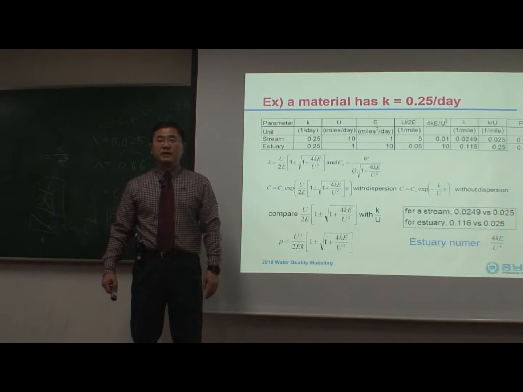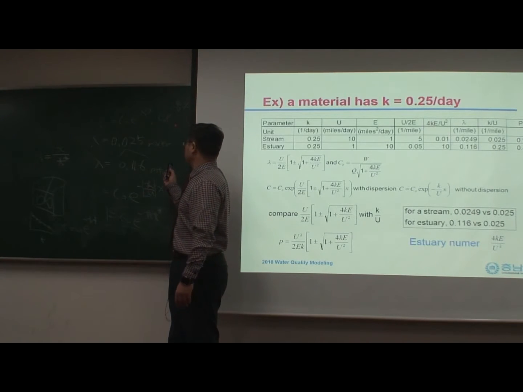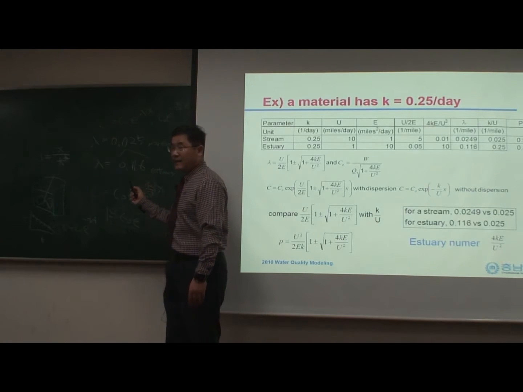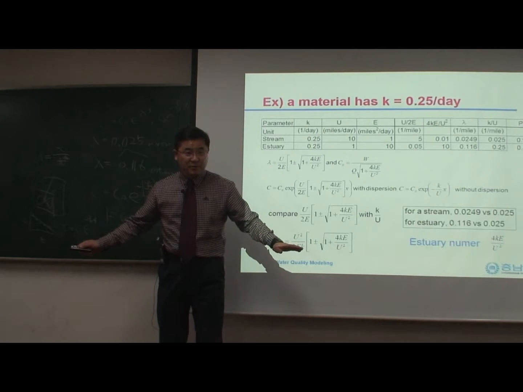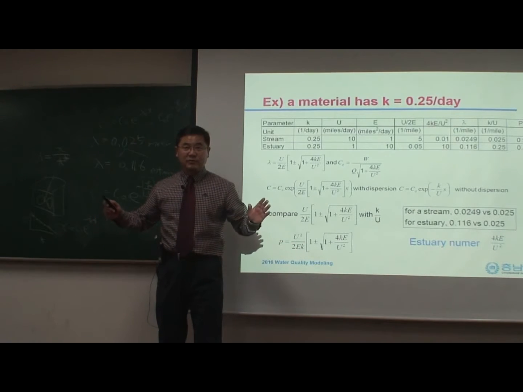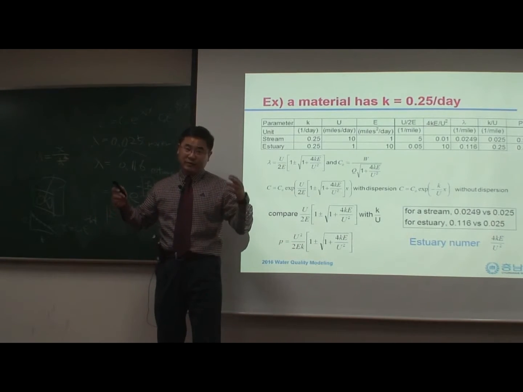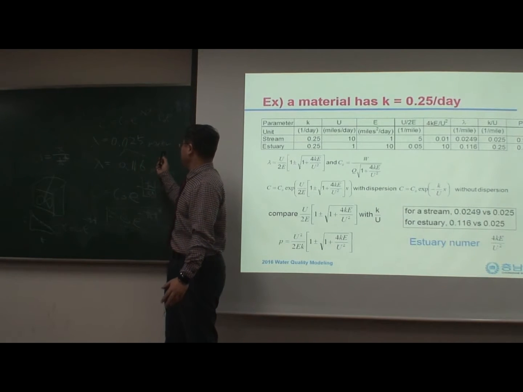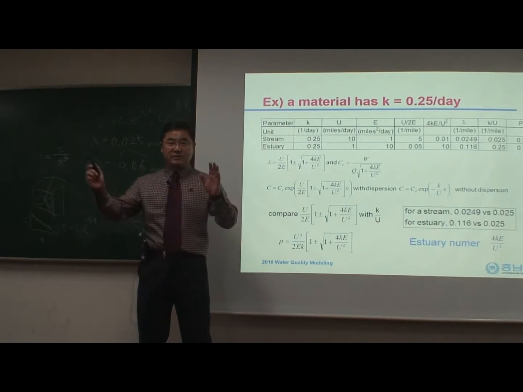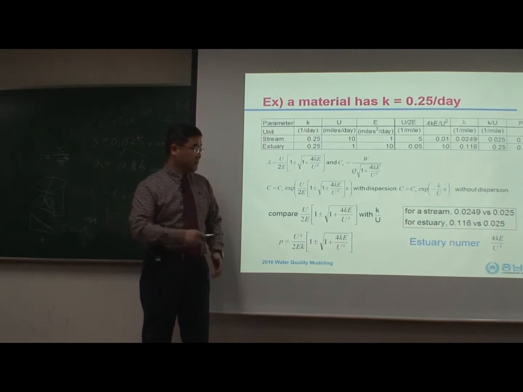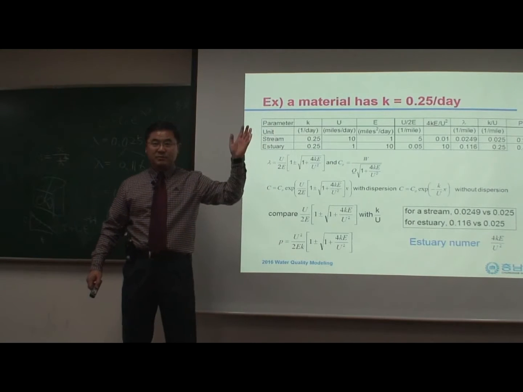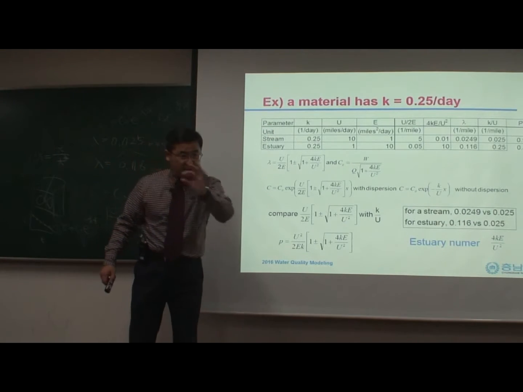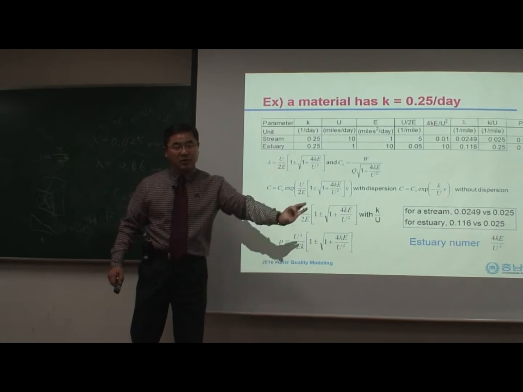So it means you can use this or that, no problem. If those are not too much different, why do we have to use the complicated one? We'll just forget about this. So in that case, you can just ignore this dispersion. So in the stream situation, we don't care about dispersion, okay? Because this velocity is fast enough to move the stuff.